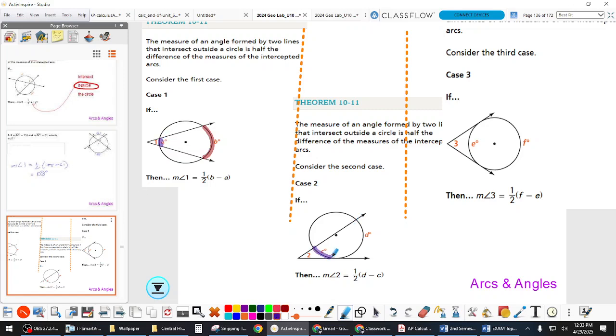There's the small, there's the big, and this one's more obvious. There's the really big and the small. Okay? You see how each one of those breaks the circle at 2 points that create a bigger arc and a smaller arc? Okay?